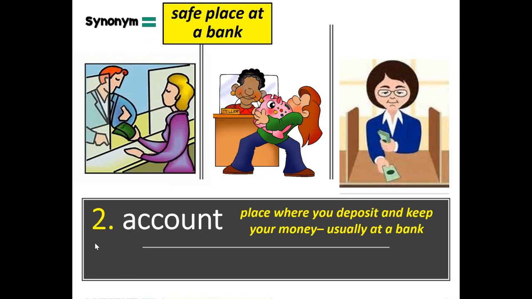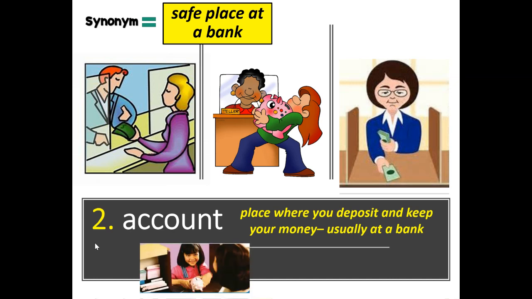So a synonym could be safe place at a bank. So it's not just one word, it's a shorter definition. A safe place where you keep your money, safe place at a bank. An account is usually at a bank.